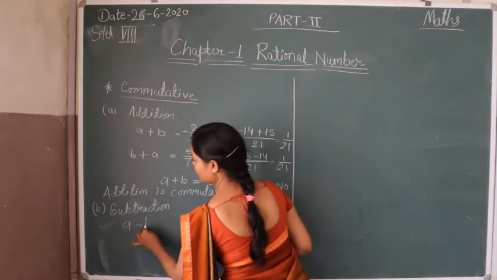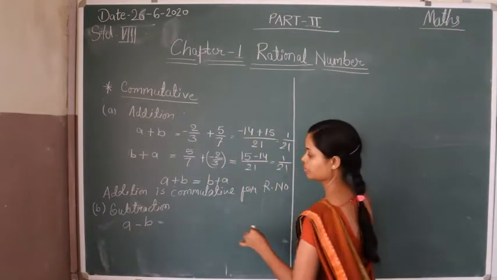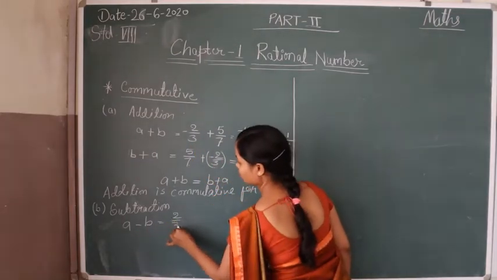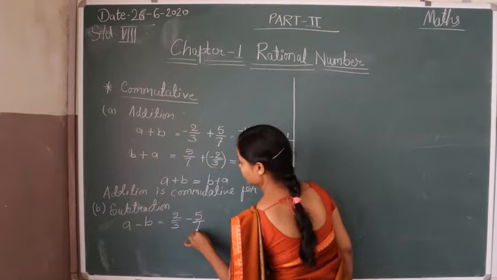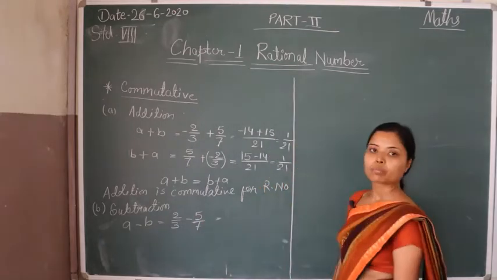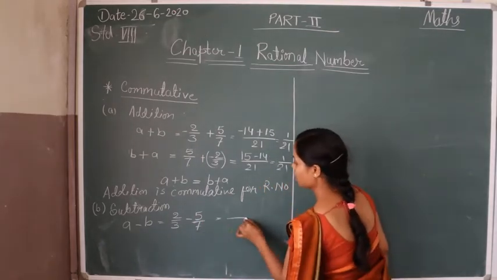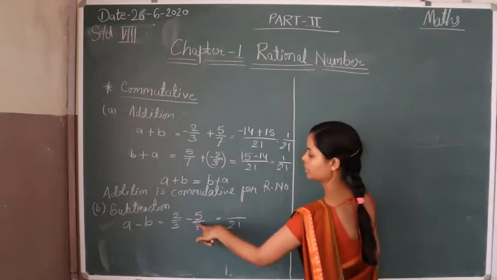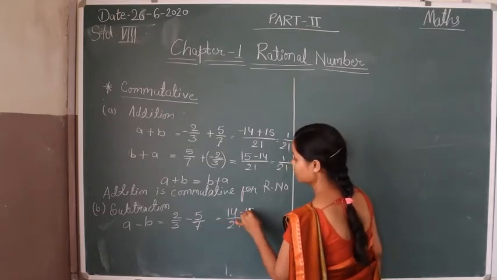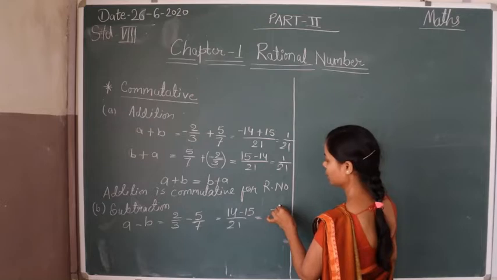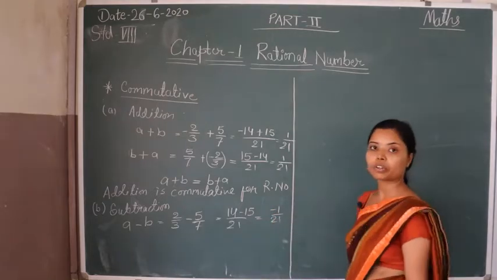We will subtract two rational numbers. 2 by 3 subtracted 5 by 7. Okay, so again find the LCM and then cross multiply. So 14 minus 15. What we get? Minus 1 by 21.